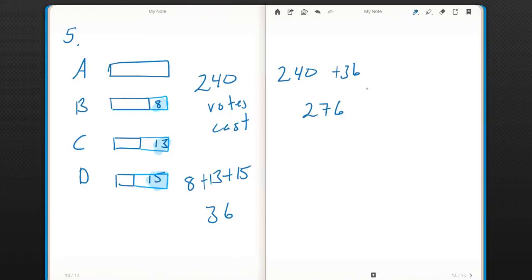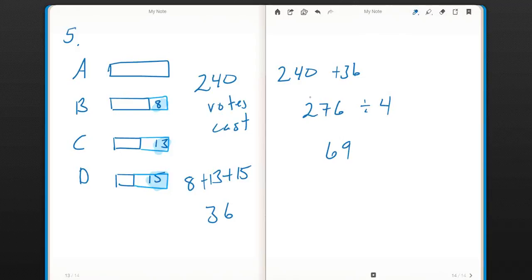If there were 276 cast, all 4 candidates would have an equal amount of votes. So when I divide that, I get 69 votes for each of those boxes.